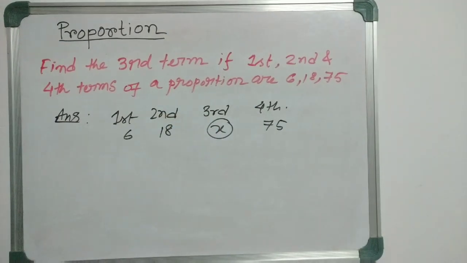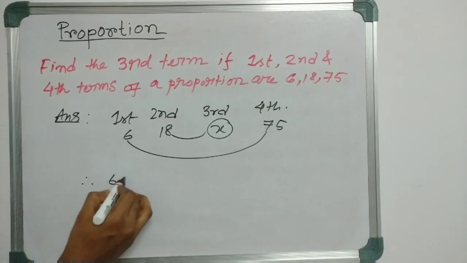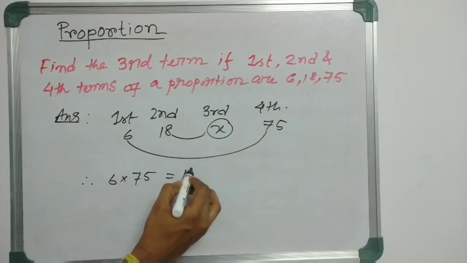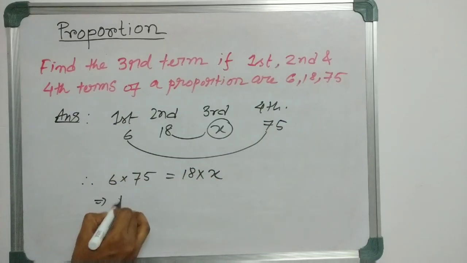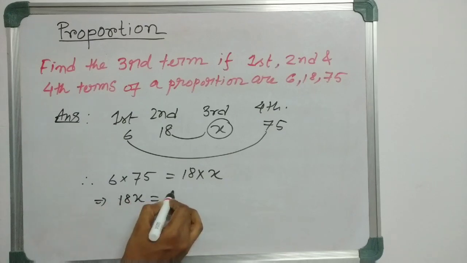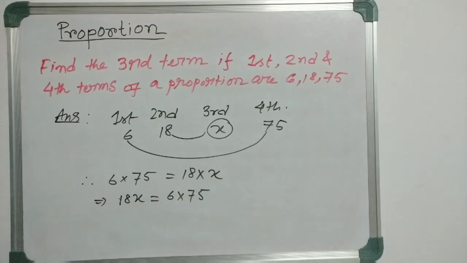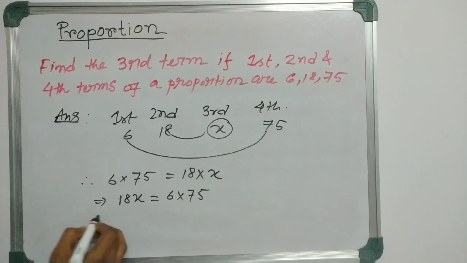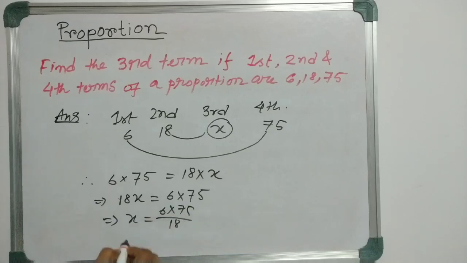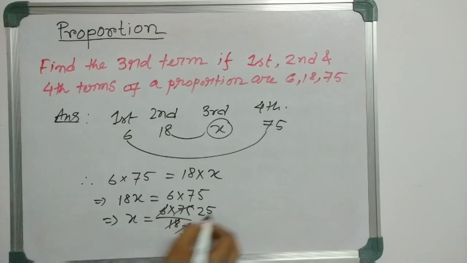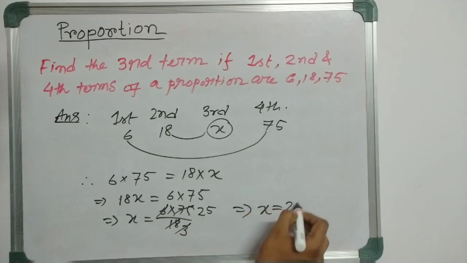Now we can easily say that the product of the extremes is equal to the product of the means. Therefore, 6 into 75 equals 18 into x. So we can write 18x equals 6 into 75. So x equals 6 into 75 divided by 18. So this is 3, this is 25. Hence x equals 25.